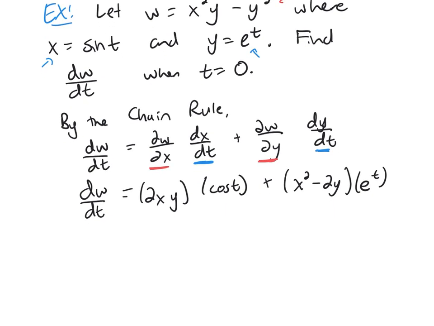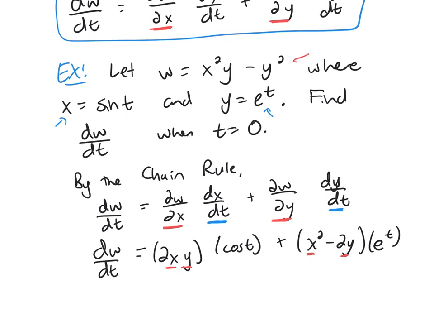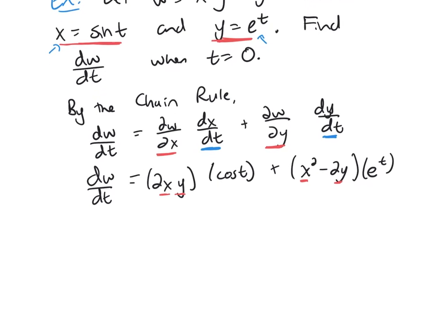Now, you should only have t's in your equation, so we need to get rid of the x's and y's we have here. To get rid of those, you're going to go back up to your substitution equations and plug in x is sine of t and y is e to the t.